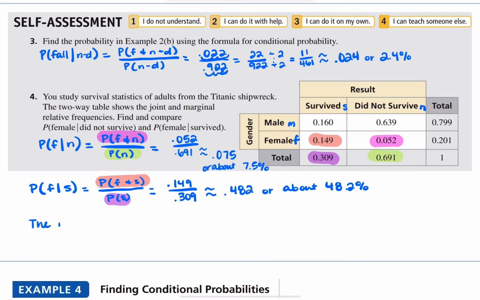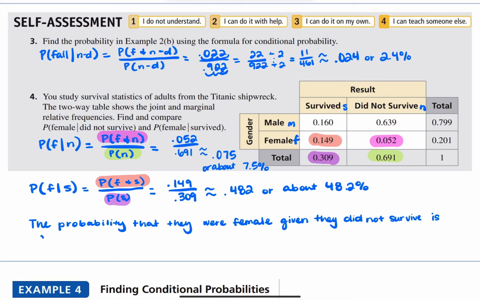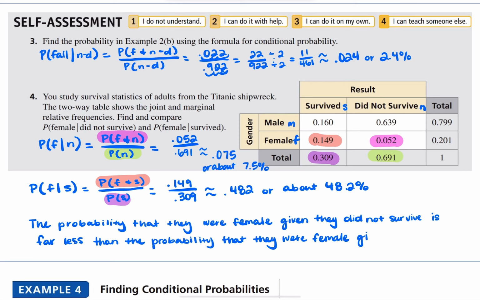So we can just say the probability that they were female given they did not survive is far less than the probability that they were female given they did survive.